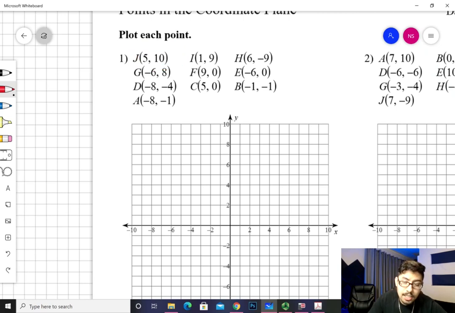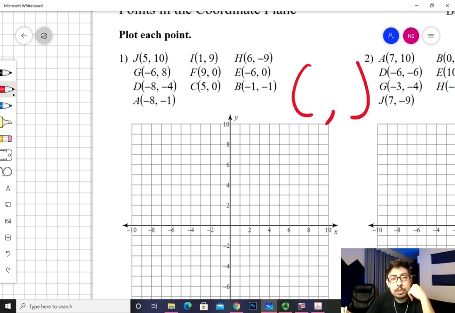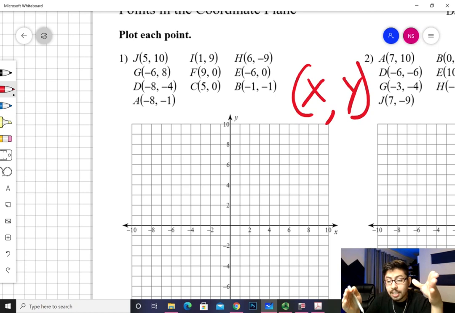Here's the thing you need to know. Points are always written as ordered pairs, and this is how it looks. It's always something in parentheses with a comma in the middle separating 2 numbers. Those 2 numbers are the directions along your axes, so an x and a y. This is how points are always written: x and y.